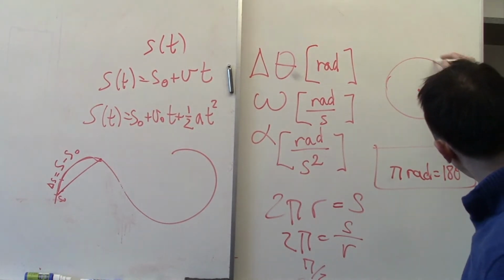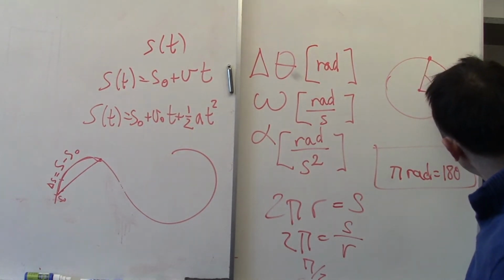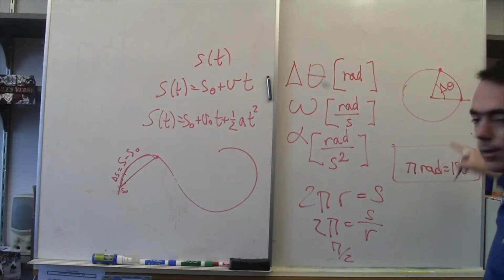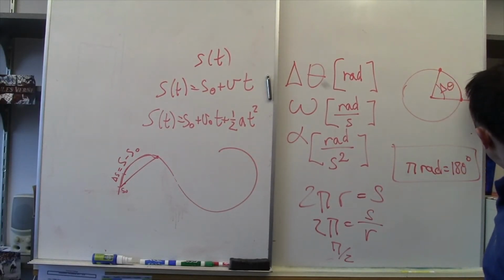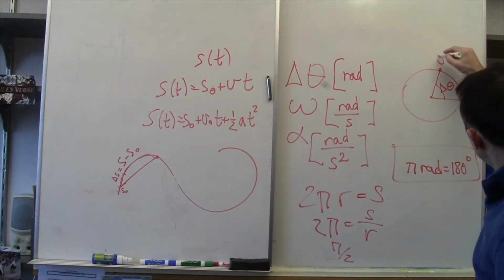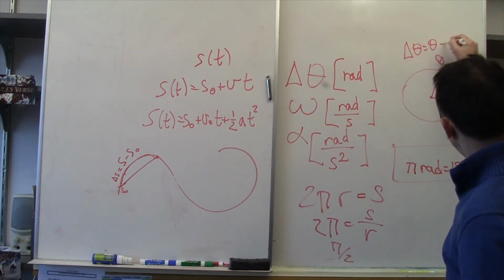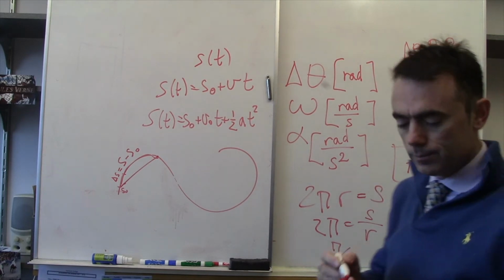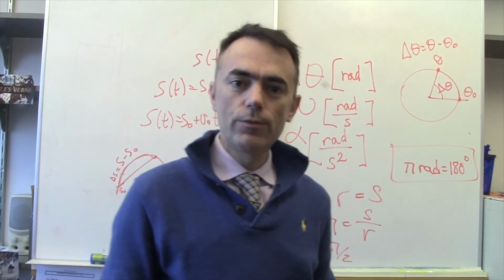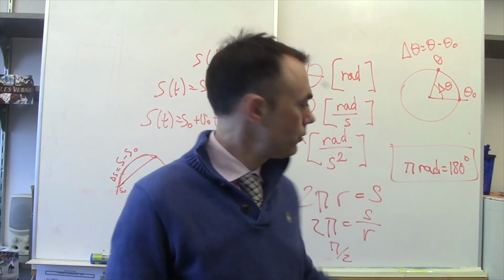From here, for example, to here, this would be a displacement delta theta, where this would be theta sub 0, this is theta, and delta theta is final minus initial. We will consider the positive direction to measure the angles as counterclockwise.